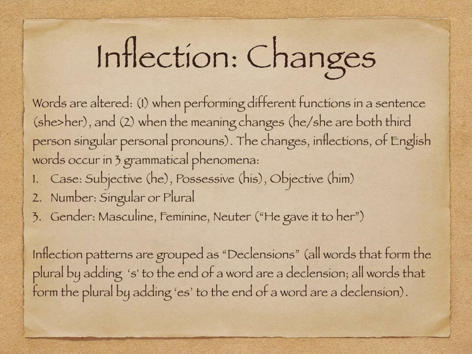The changes or inflections of English words occur in 3 grammatical phenomena. Case: subject, or the subjective case, he; possessive, his; objective, him, just as an example here. Number, singular or plural, and gender, masculine, feminine, neuter. Take for instance the sentence, he gave it to her. There are 3 third-person singular nouns here.